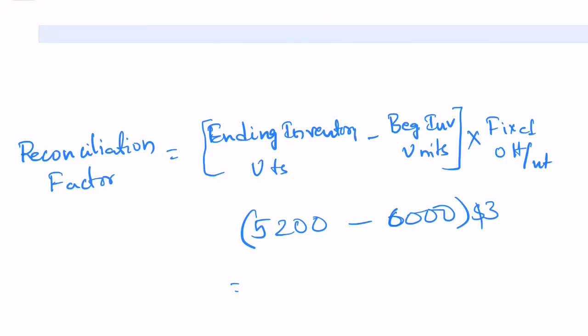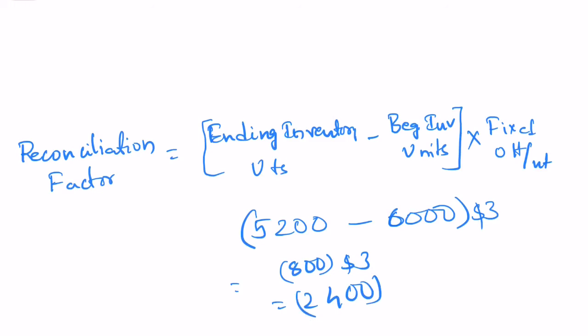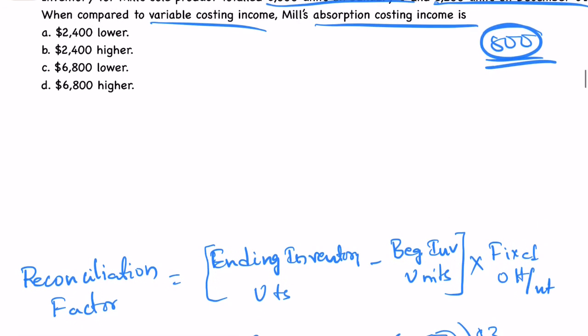So 5,200 minus 6,000 is negative 800, and multiplied by $3, the answer is going to be negative 2,400.